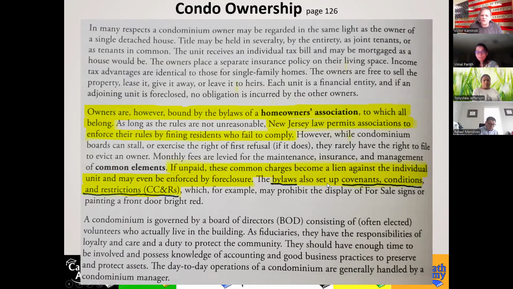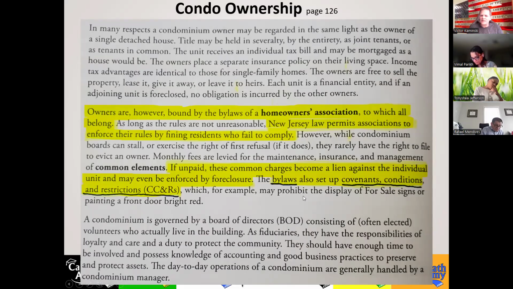The bylaws also set up covenants, conditions, and restrictions. What's a covenant? It's a legal promise, right? So covenants, conditions, and restrictions. That's what CC&R stands for, okay? And so the bylaws set those rules up.